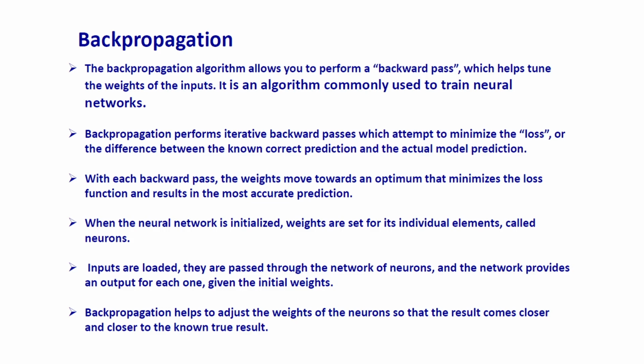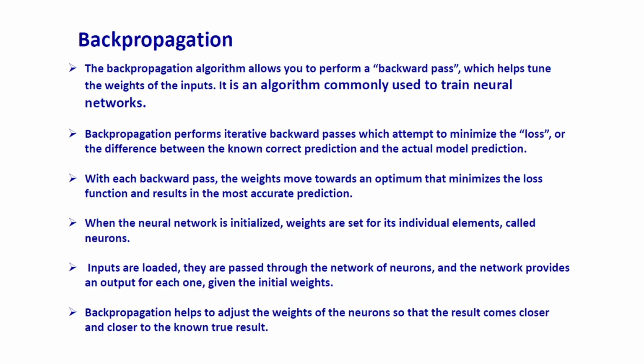The idea is to minimize the loss function, that is, to minimize the error, which is nothing but the difference between the correct prediction and the actual model prediction. Many of the real life problems which you handle have an actual output.